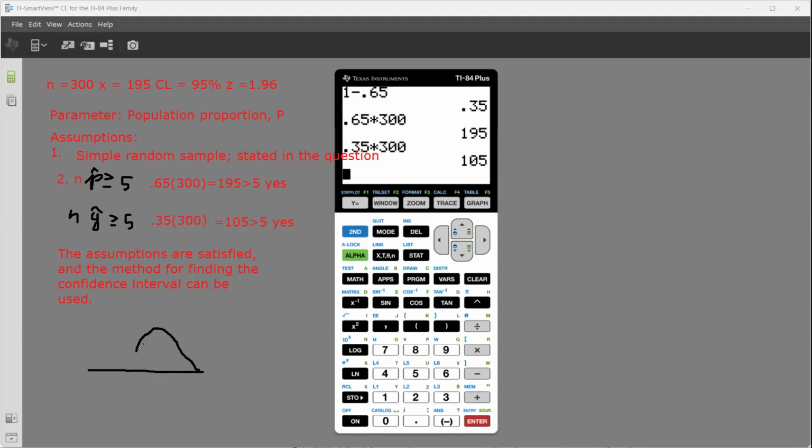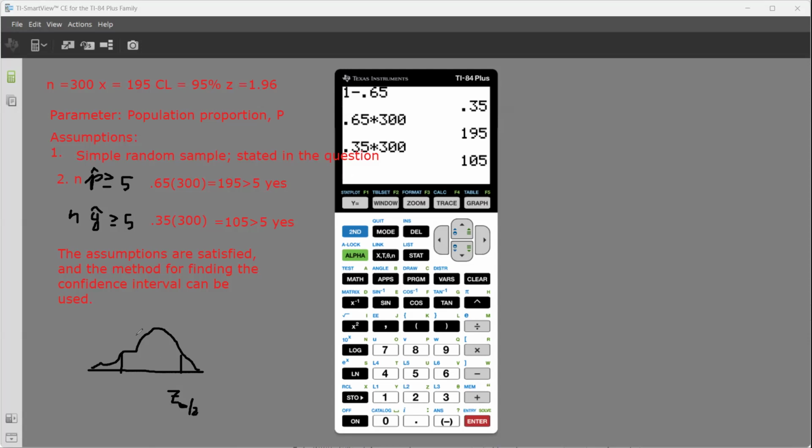And remember, this is a Z distribution. Now we've got two sides. This is our confidence interval, right? We're looking for this Z here. Now remember, alpha is 1 minus the confidence level. So alpha is the area in both tails, which we know from before.